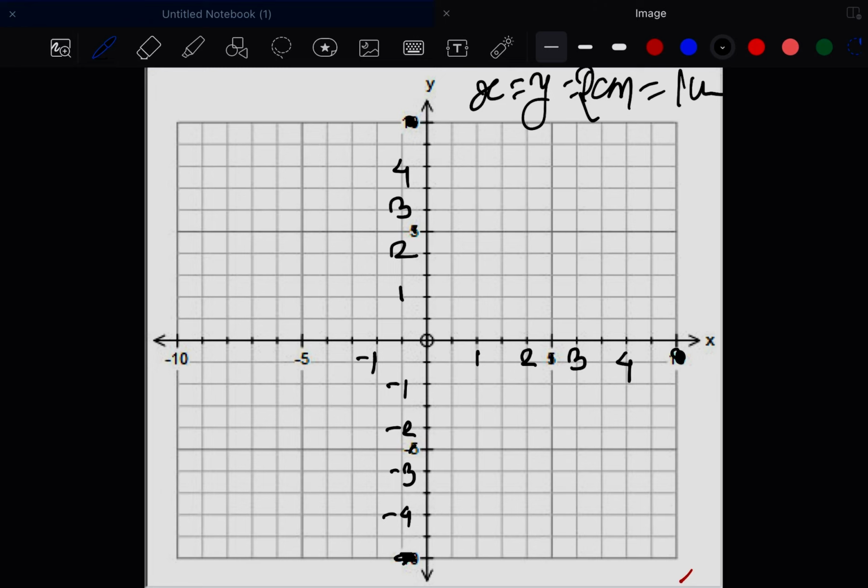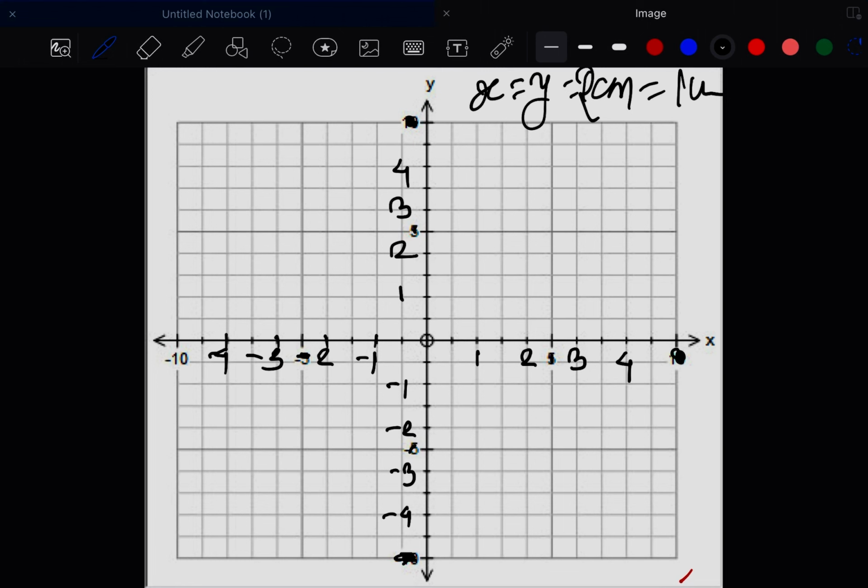Now minus 1, minus 2, minus 3, and minus 4. Here this is the value of coordinates or scale on the x-axis and y-axis.